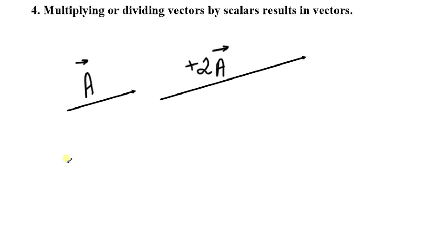Now if I want to draw minus 3A, how do we draw it? Minus 3 means first the minus, and we have to reverse the direction of A. It has to be in the opposite direction. The 3 will be 3 times larger. Let me change the color to blue.